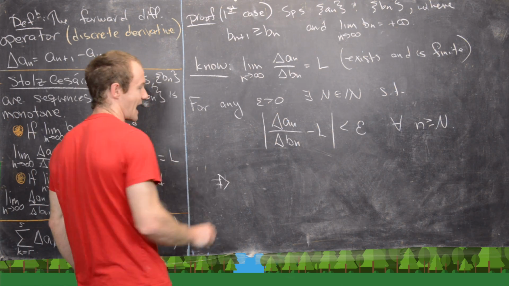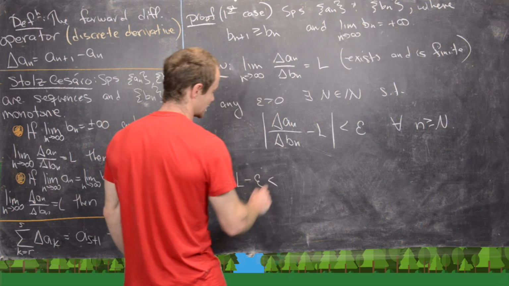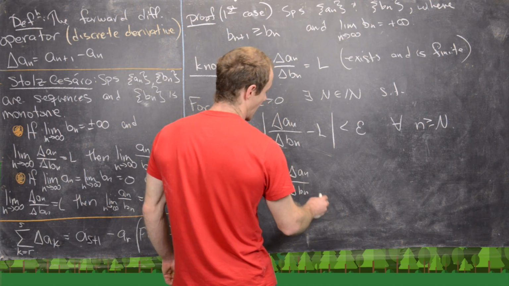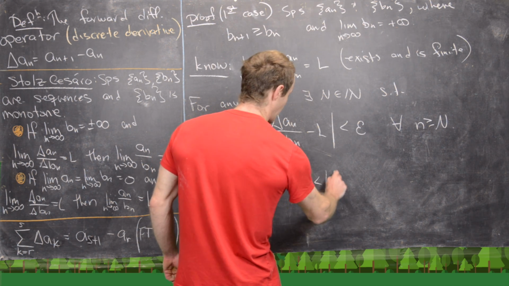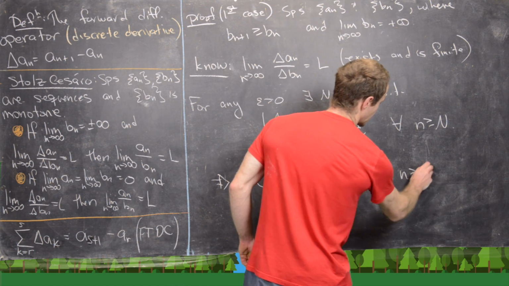That's the same thing as saying the following inequality: L minus epsilon is less than delta a_n over delta b_n, which is less than L plus epsilon, for all n bigger than or equal to N.